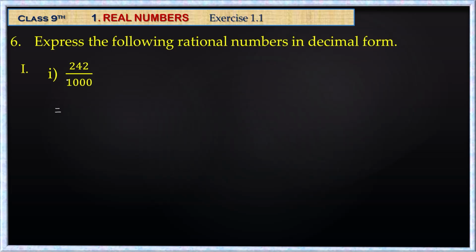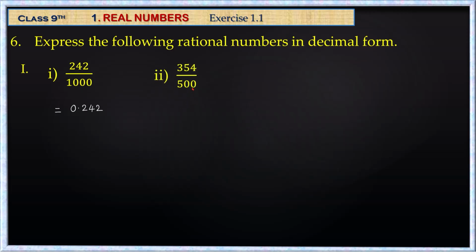So here the denominator 1000 is there, we can write it as 0.242, because if we divide by 1000, the decimal point comes after 3 digits starting from the right side.